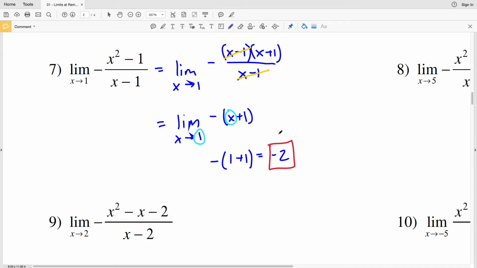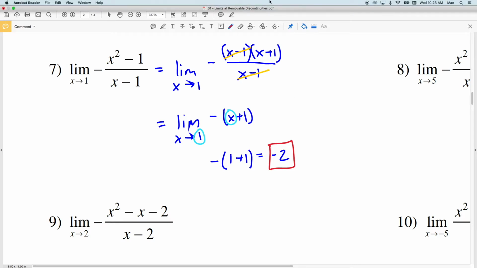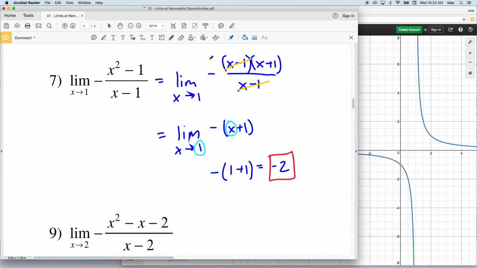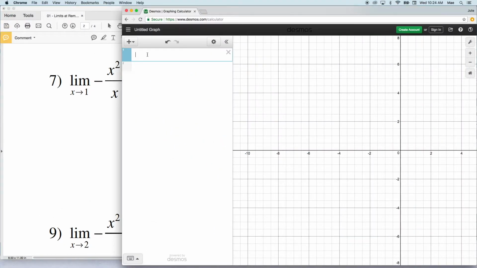And quickly, I just want to show you that those functions are indeed equivalent with the exclusion of the point x equal to 1 by graphing quickly. So our old function is the opposite of x squared minus 1 over x minus 1. And you can see, looking at that, we have a straight line with a removable discontinuity at x equal to 1. At x equals 1, that function is undefined.